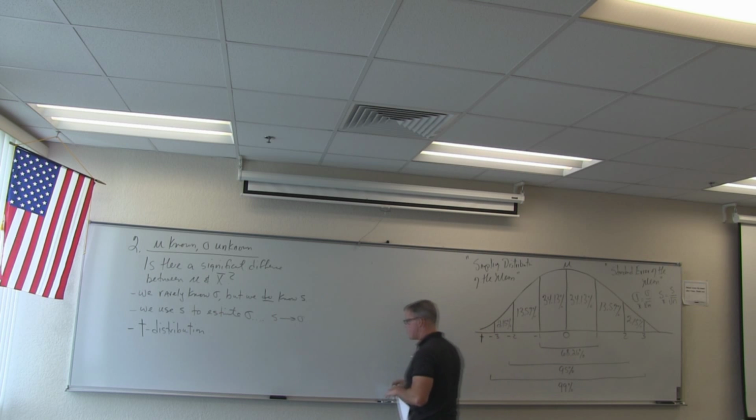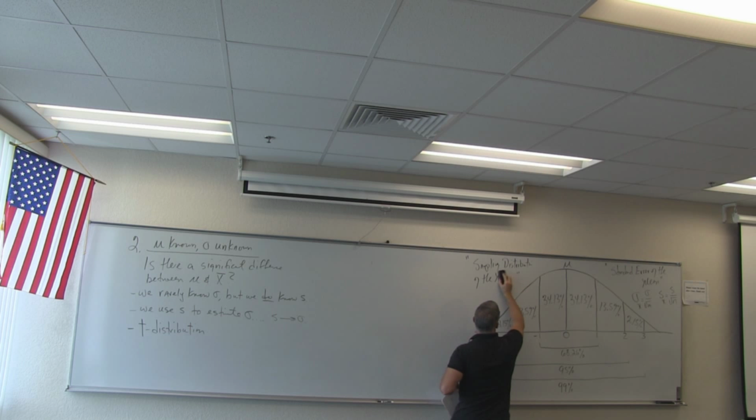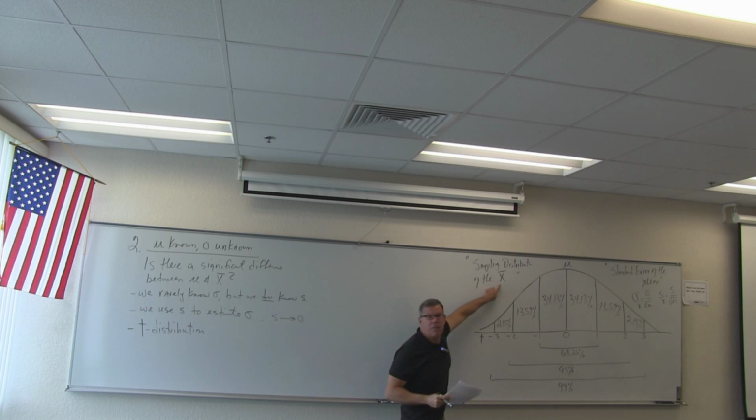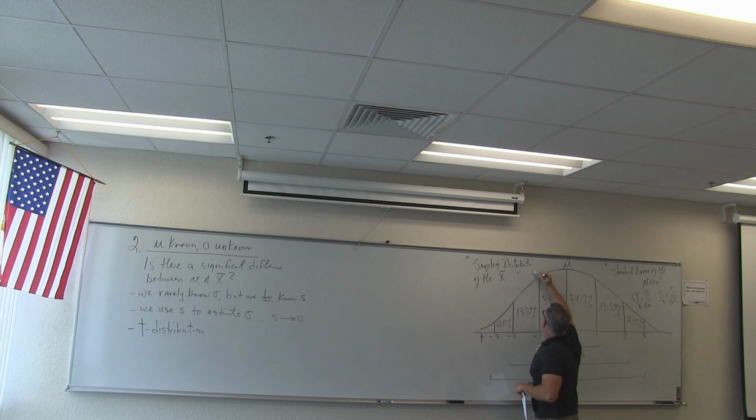And remember, class, that this is a sampling distribution of the mean. We have an infinite amount of sample means on this theoretical sampling distribution that's put forth in the central limit theorem. So we have all these little means.